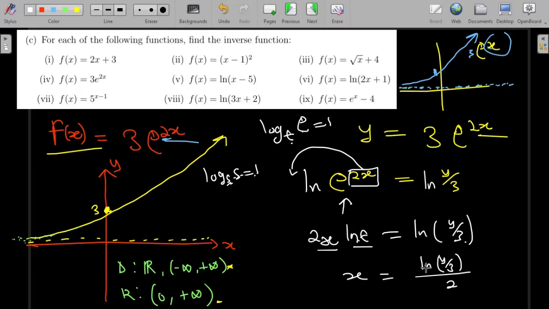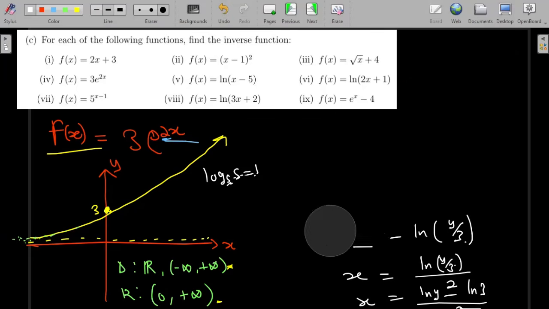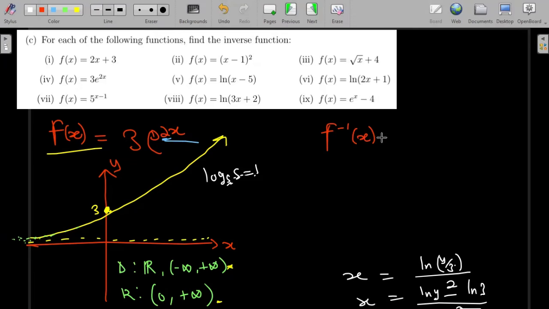But ln of y over 3 is the same as ln y minus ln 3, all divided by 2. So that would be our inverse. Let's write it properly now: f inverse of x equals ln x minus ln 3 over 2.